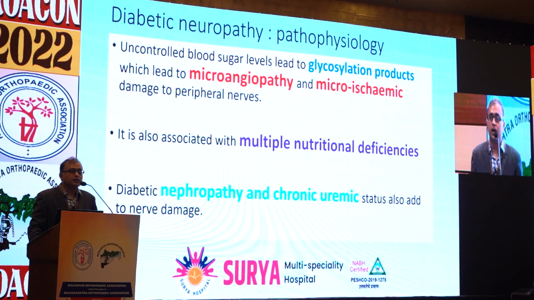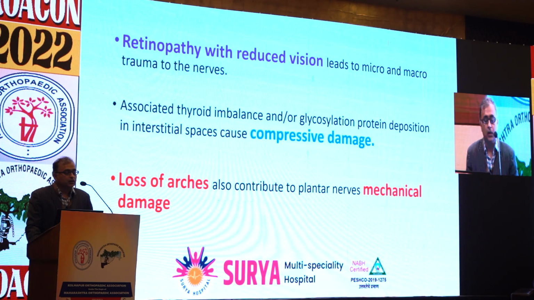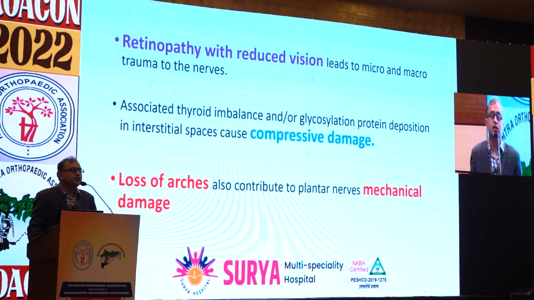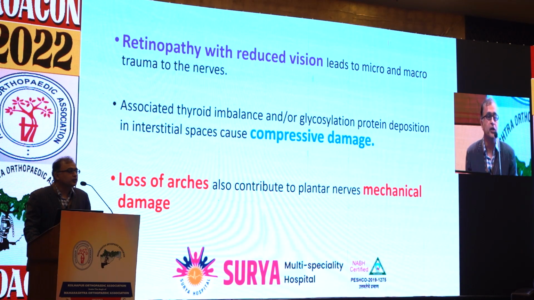But additionally, there are nutritional deficiencies, the chronic uremic status causing its own toxicity on the nerves, the retinopathy which reduces the vision and causes trivial traumas in old age patients, associated thyroid imbalance, and the glycosylation proteins which accumulate in the interstitial spaces and cause compressive elements, and eventually loss of the arch of the foot, which causes mechanical trauma to the nerves.